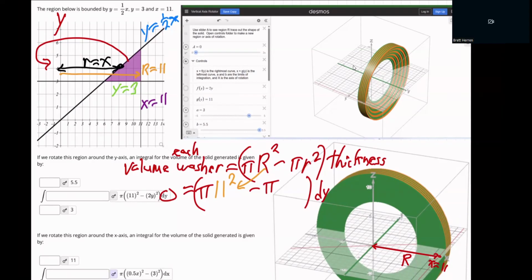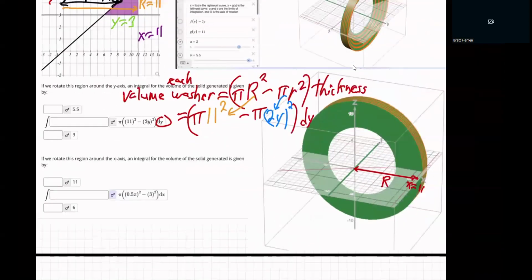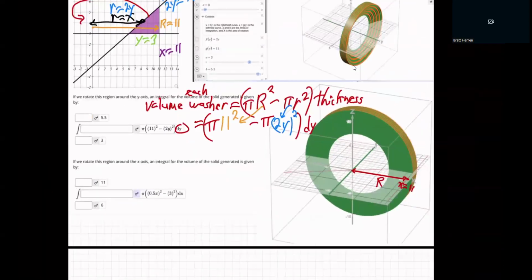What's the x value for that equation? Well, we're going to need to multiply both sides by 2 to solve for x. Boom. x is 2y. So the little radius is 2y, isn't it? The x value. So this is 2y squared. The little radius is 2y squared. So we can see the little inner radius, the outer radius, and you can see the little inner radius right here if it helps to see it one more time.